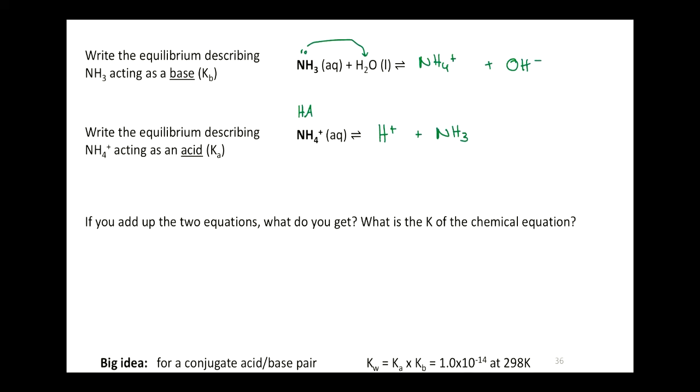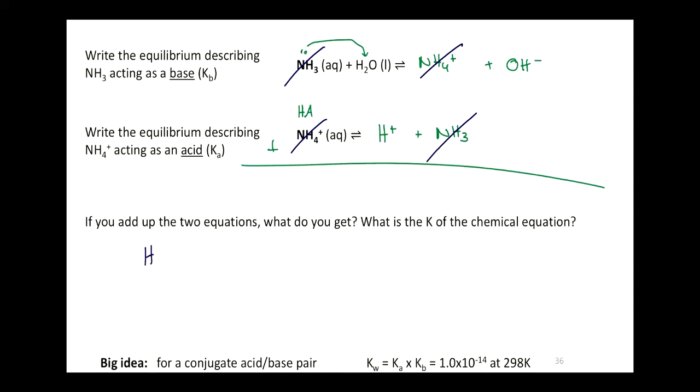All right, so what's special about these two reactions, because I wrote a Ka and Kb for a conjugate acid-base pair? For funsies, add those two reactions up. What cancels? Doesn't ammonium cancel? What else cancels? NH3. And then what's left behind?